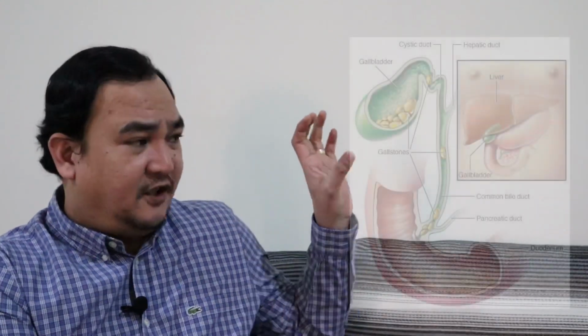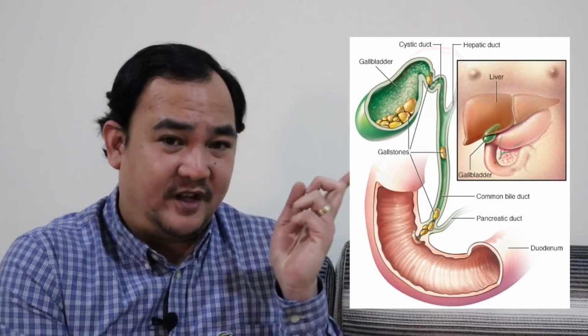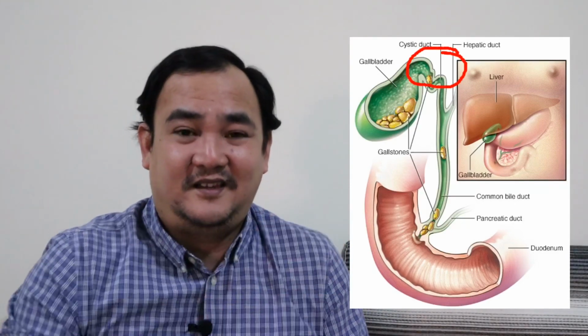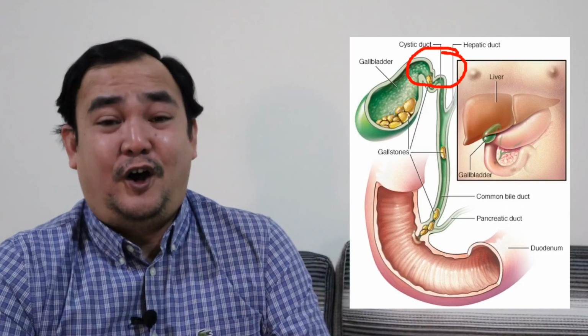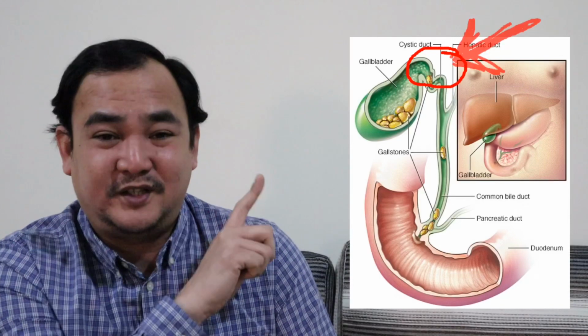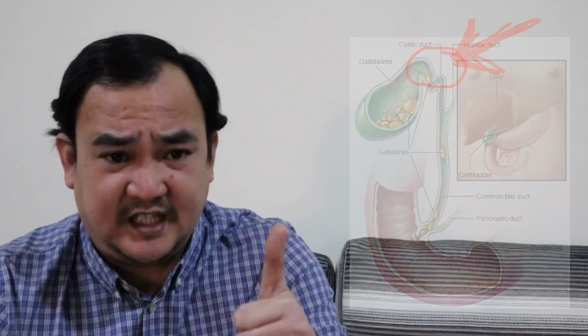I will show this picture again. The neck of the gallbladder is somewhere there where you can see the blockage of the stone. That's called the neck of the gallbladder. I'll show an arrow so that you can see specifically where the neck is. So that's the first indication.